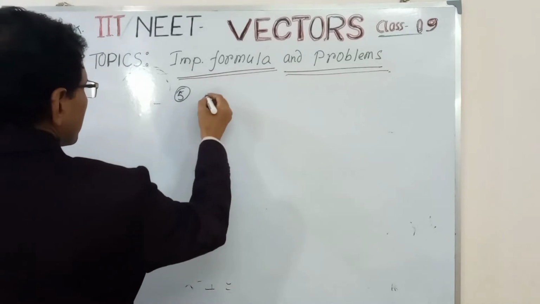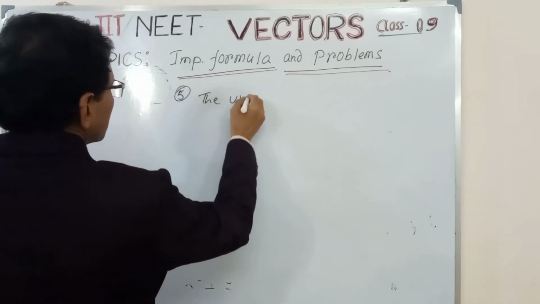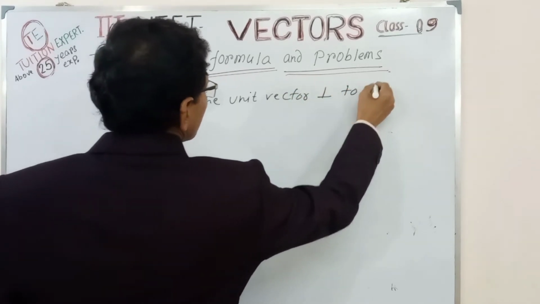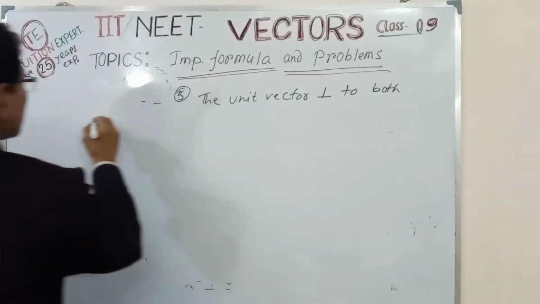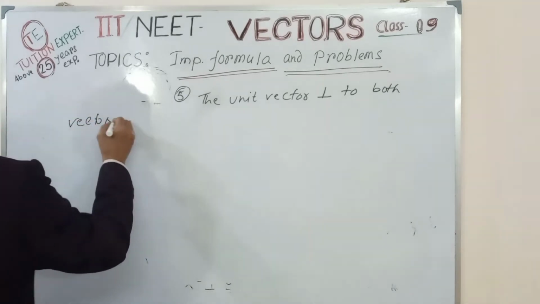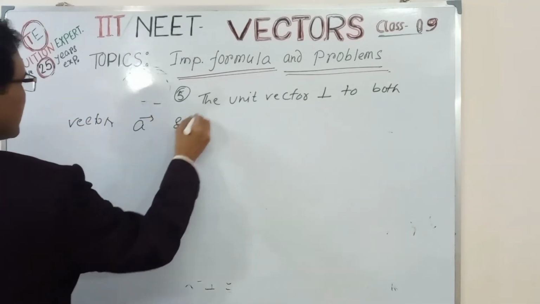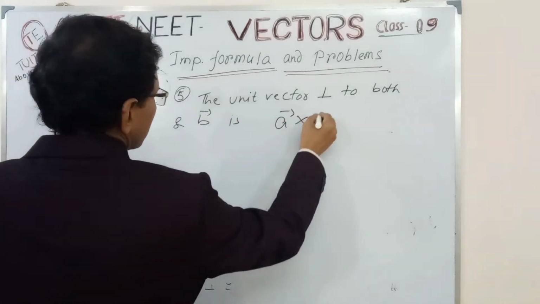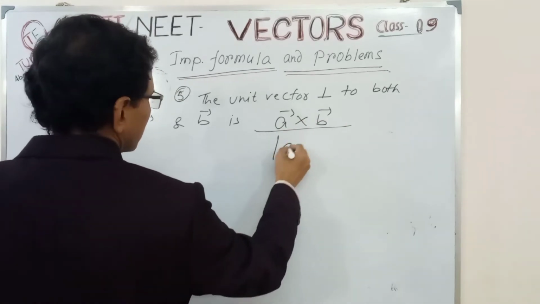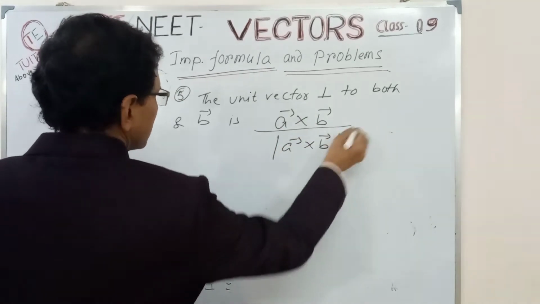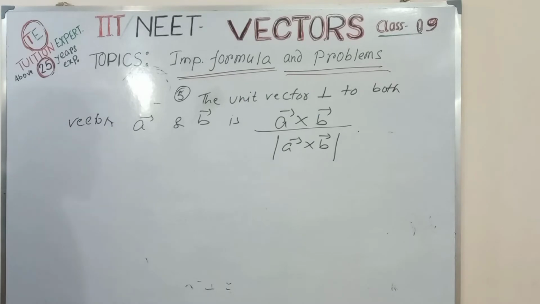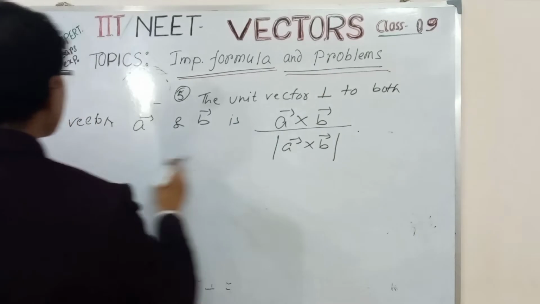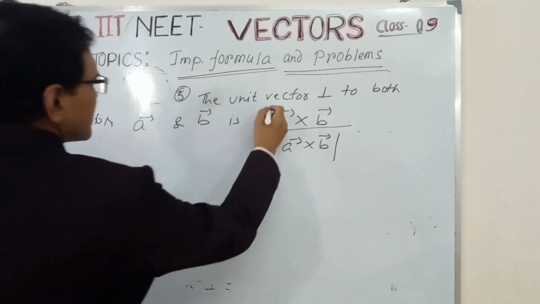Next formula, formula 5: the unit vector perpendicular to both vectors A and B is this.